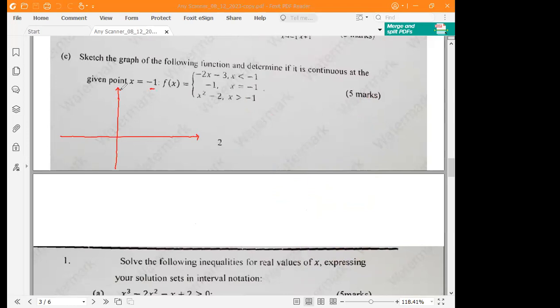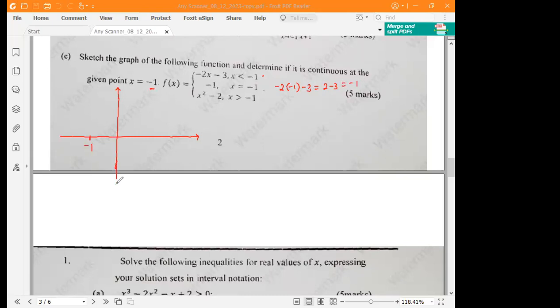You start by writing the number which is there. So we're doing everything at -1. You substitute -1 in the top function. You will get -2(-1) - 3, which equals 2 minus 3, which is equal to -1.